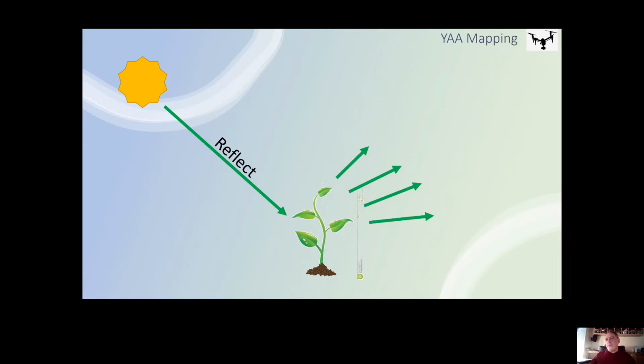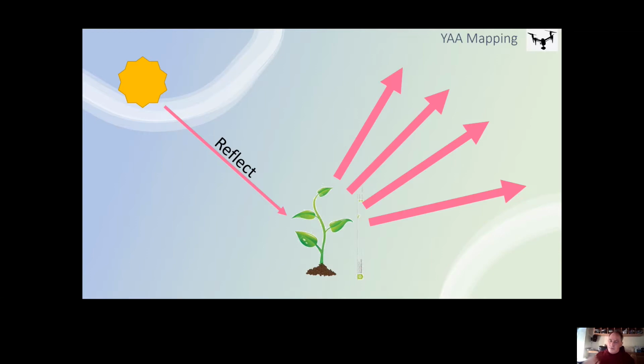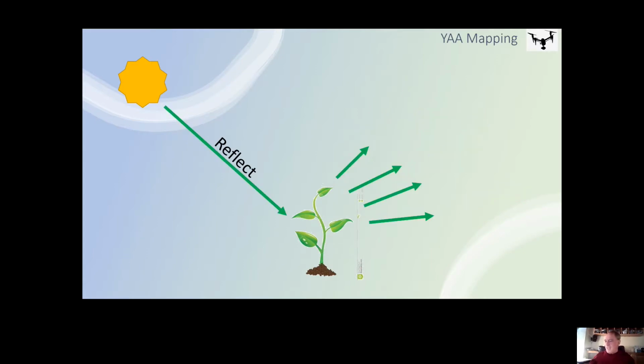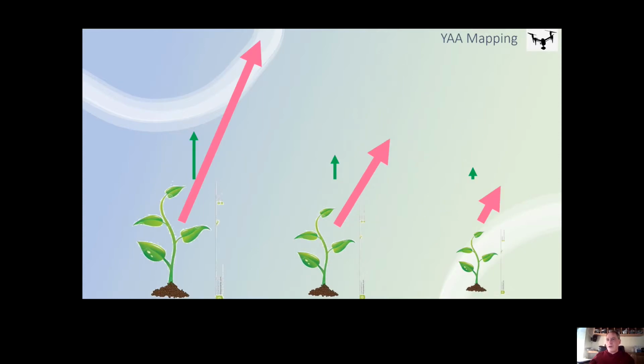Now they do absorb green, but they also reflect some of it. So let's call green a minor reflector. And one of the reasons plants look green is because they reflect green light. We can pick up the green light, but all of the near infrared is reflected. So we get some reflectance in the green, we get lots of reflectance in the near infrared.